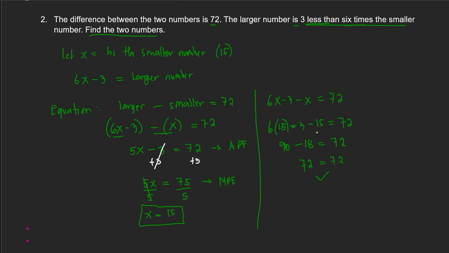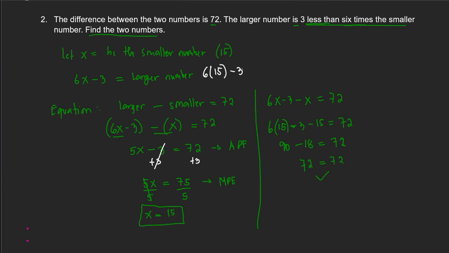Okay? And to check our problem, so the first number will be 15, and the larger number will be, just substitute 6x, we have 6 times 15 minus 3.